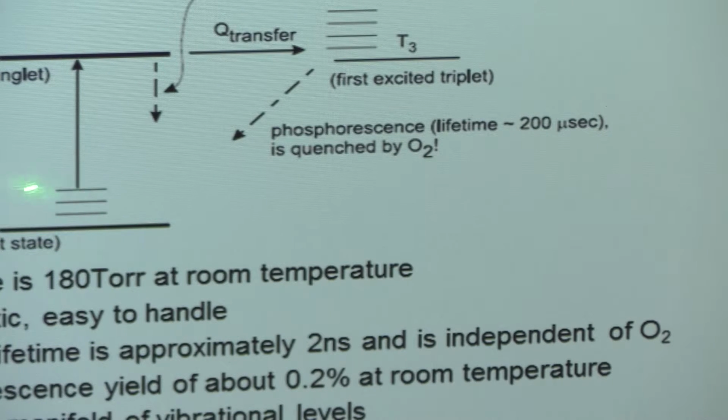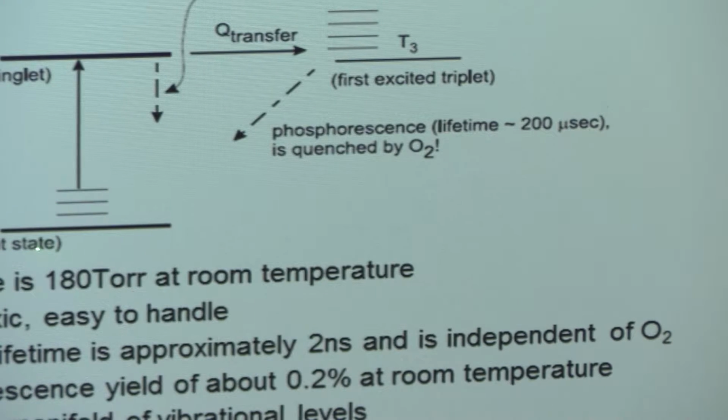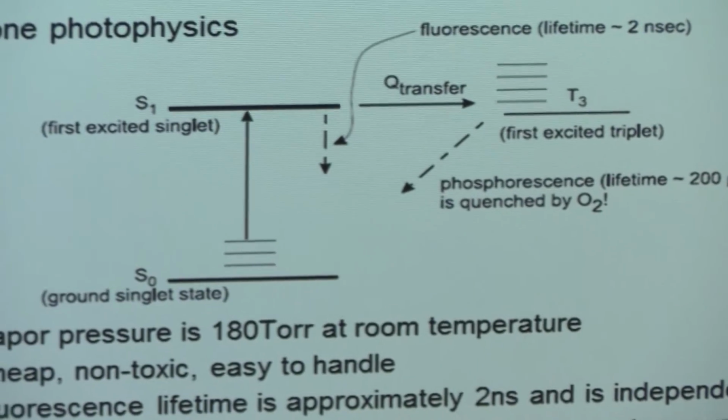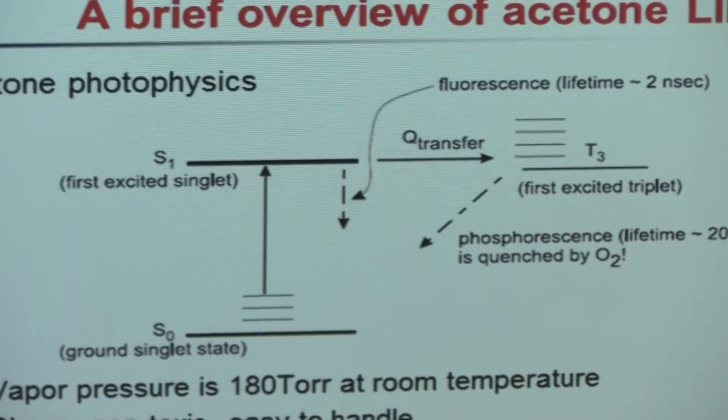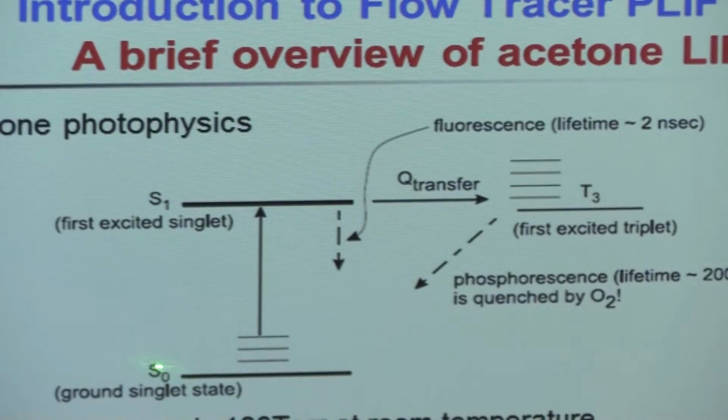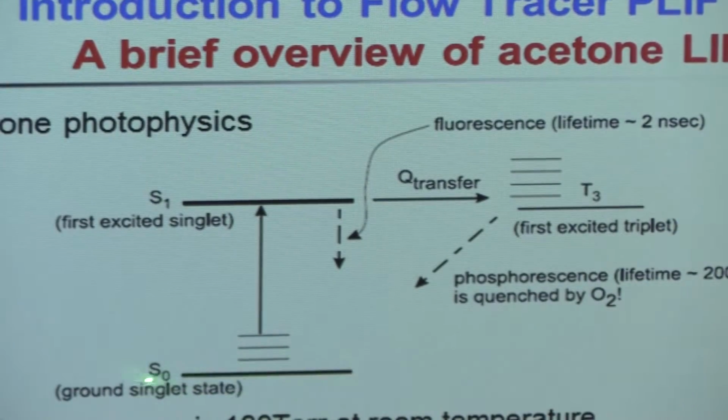So the ground state of acetone is called a singlet, so an S. For these big molecules, you use an S for singlet and a T for triplet. And you use a 0 for the ground state and a 1 for the first excited state. So there's the electronic state of the acetone. Here's the first excited state with the same electron spin.